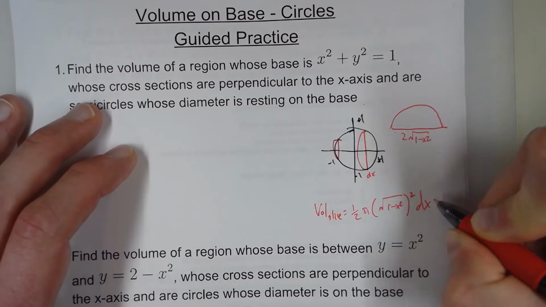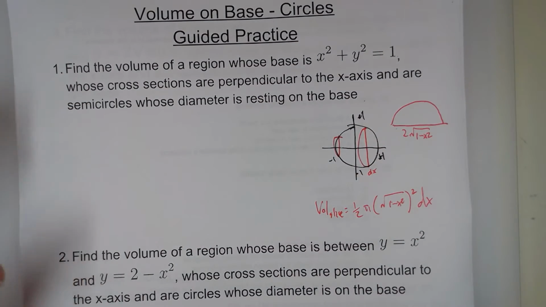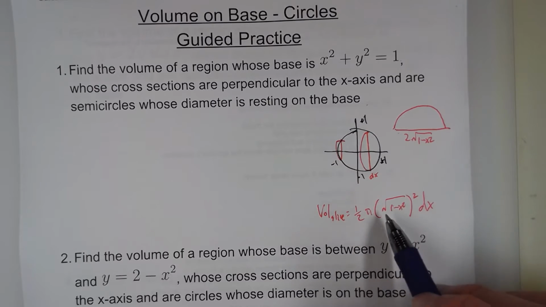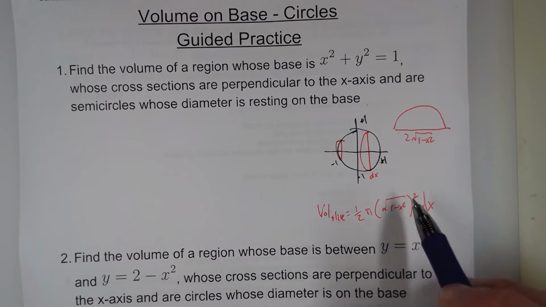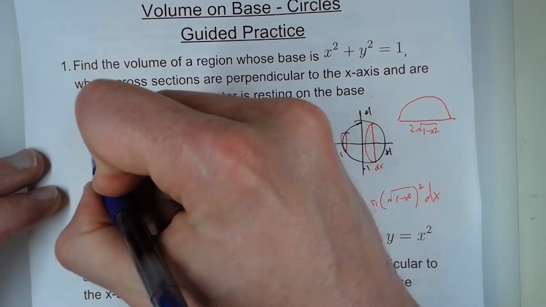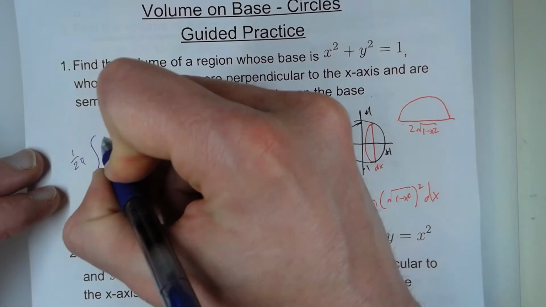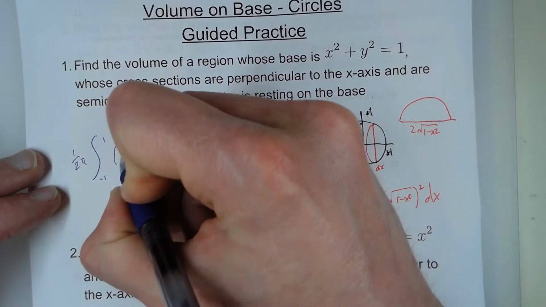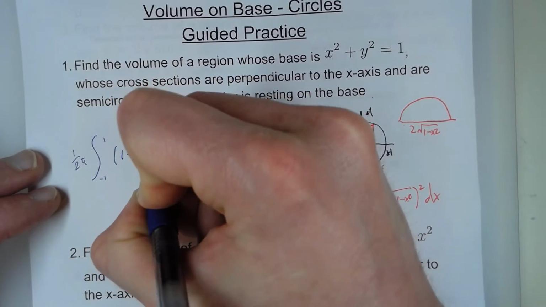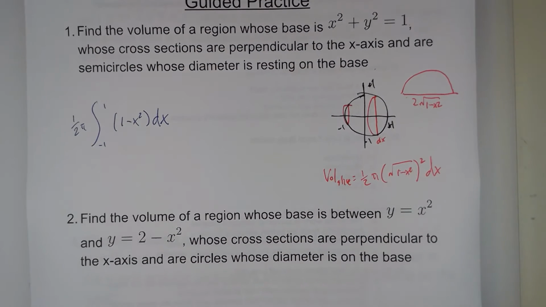And since it's volume, I want it to include the thickness, so that is dx. So the square root and the square are going to cancel out. The 1/2 pi can go out front. So 1/2 pi, or pi over 2 if you'd prefer, that's fine, times the integral of 1 minus x squared dx. And there is our integral for that one.